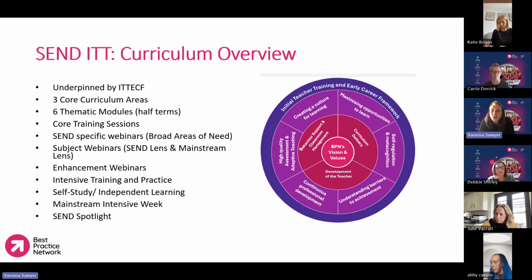So there have been some changes to their contrasting placement from what we've done this year. I think probably the biggest key change here is that they will be in their mainstream placement Monday to Friday once they've completed their mainstream intensive week at the start of their placement in January.